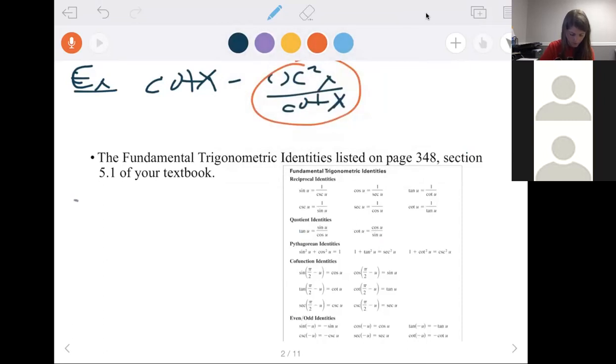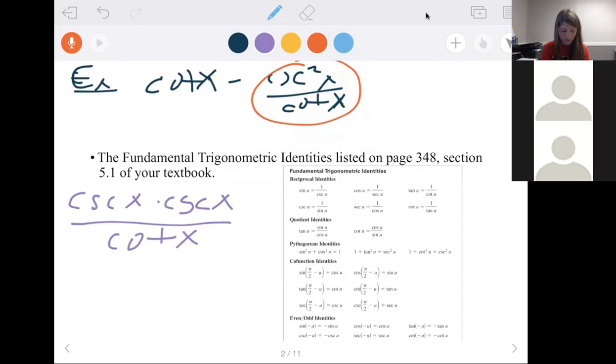And I'm just going to think about this as cosecant x squared. And maybe even backing that up for a second, if I think about this as cosecant squared, I could even write it cosecant times cosecant over cotangent.